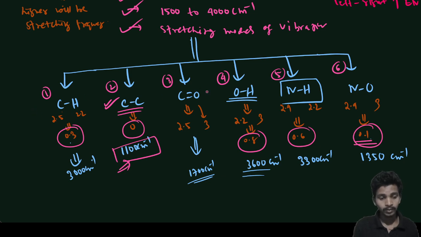Here the CC stretching frequency, the polar difference is very low, so it is the lowest, about 1100 centimeter inverse. After that we will discuss factors: if a CC single bond becomes a double bond, the bond strength increases, so the stretching frequency also increases.